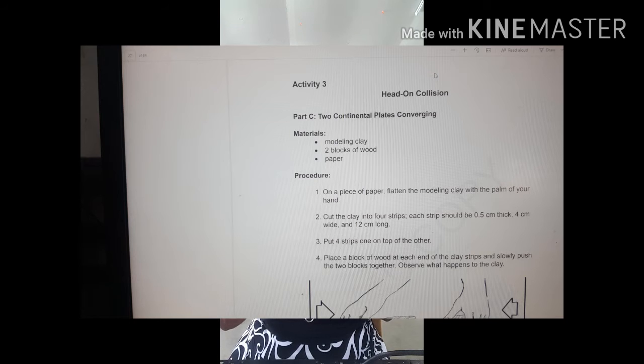Now, if we're going to perform an activity about convergent, the title of the activity could be head-on collision, because they move towards each other. Say, for example, I want you to get a bond paper and put it on a flat place, and then you move it towards the center.